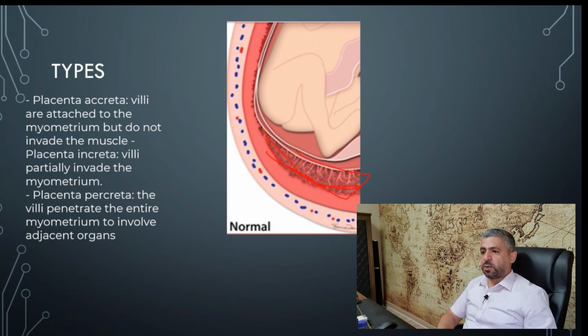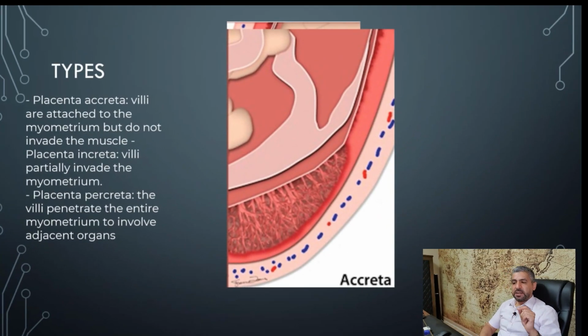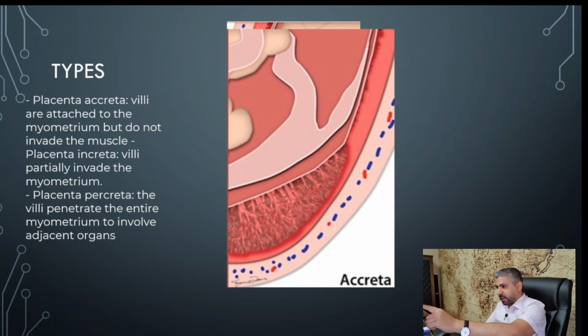They are in contact with the myometrium, but they are not adherent to the myometrium. Now, in placenta accreta, the villi are attached to the myometrium. They are adherent to the myometrium, but they do not invade. Like here, you can see this is the myometrium, and the placental villi are just attached to it, adherent to it, stuck to it.